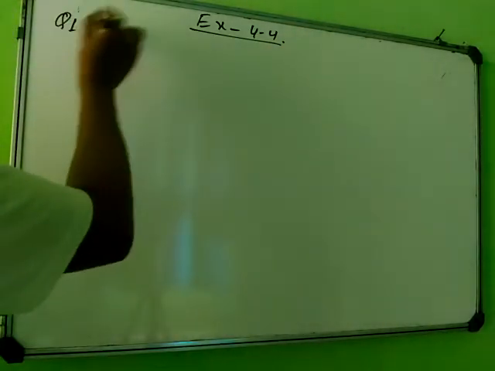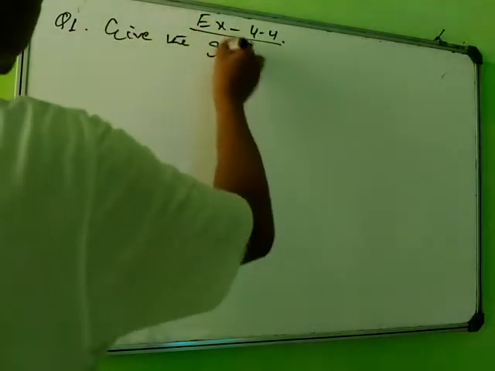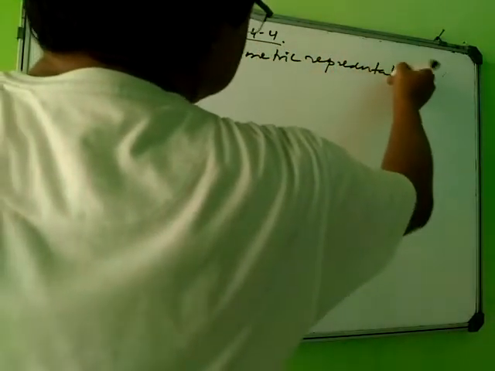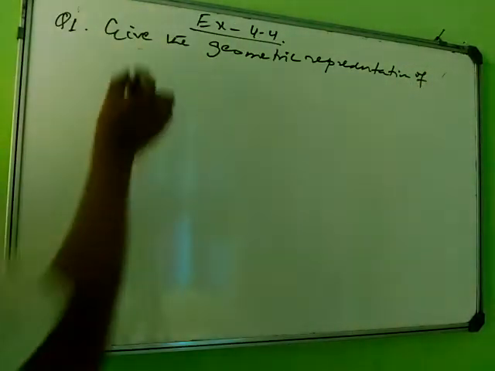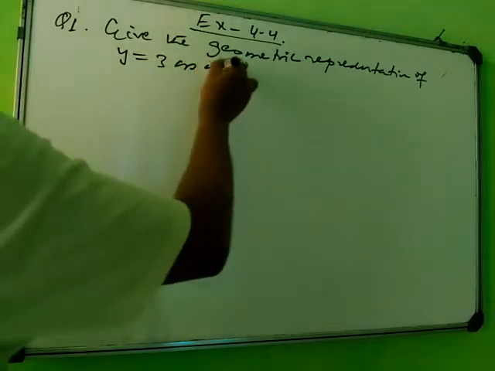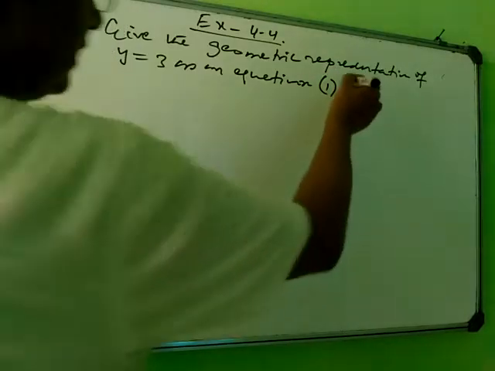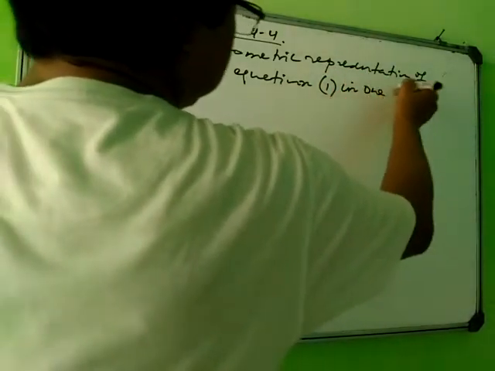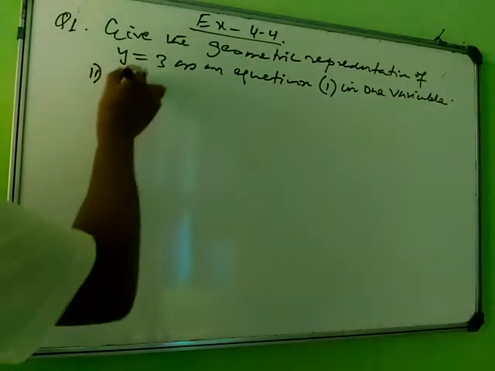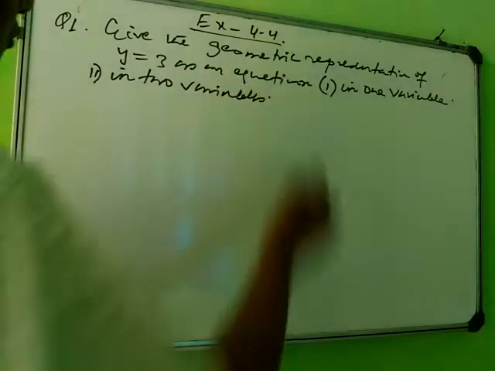Here, question number 1: give the geometric representation of y equals 3 as an equation, number 1 in one variable, number 2 in two variables.